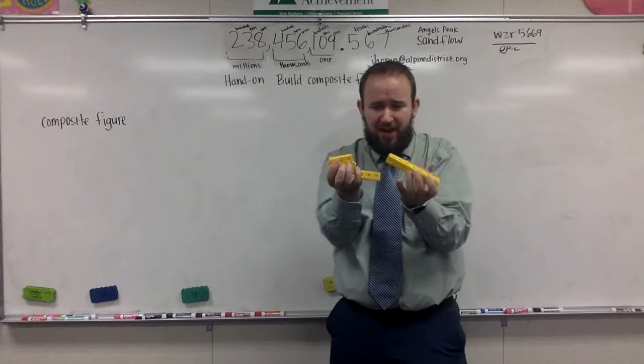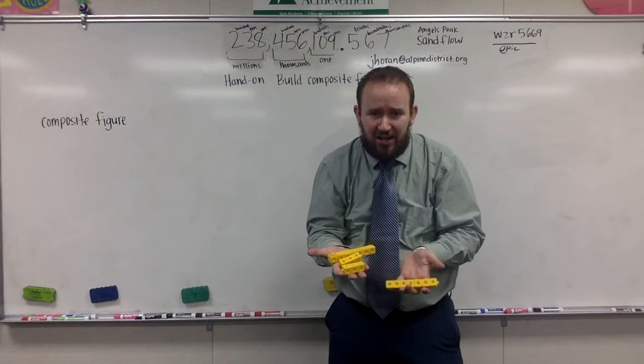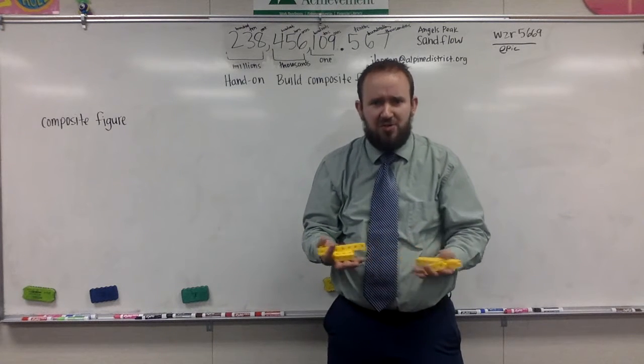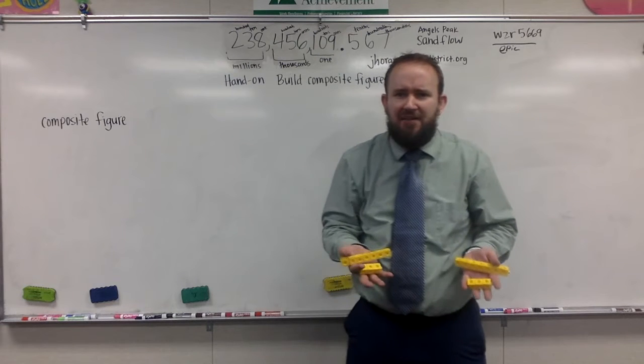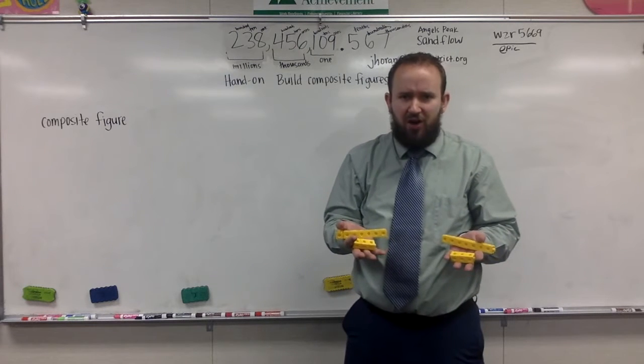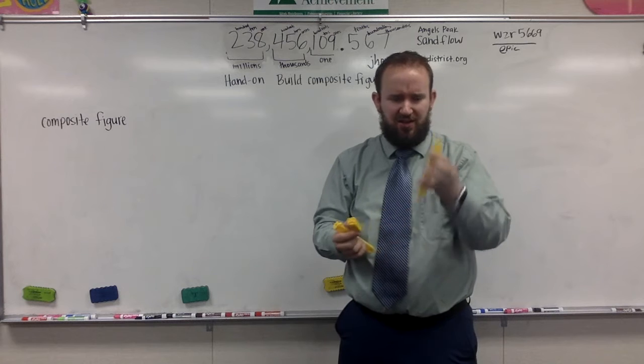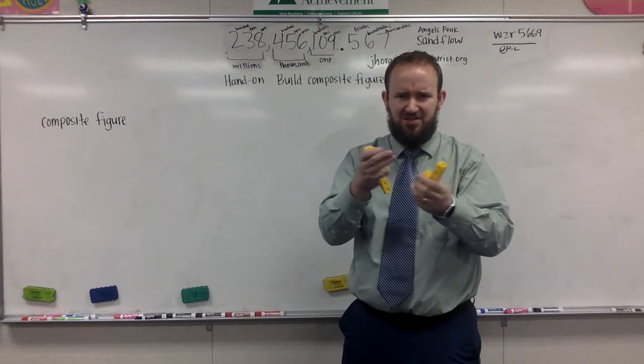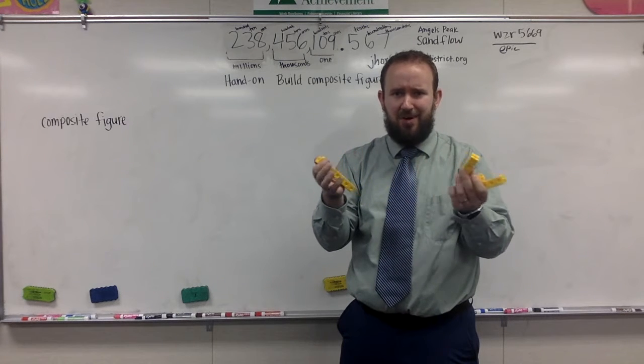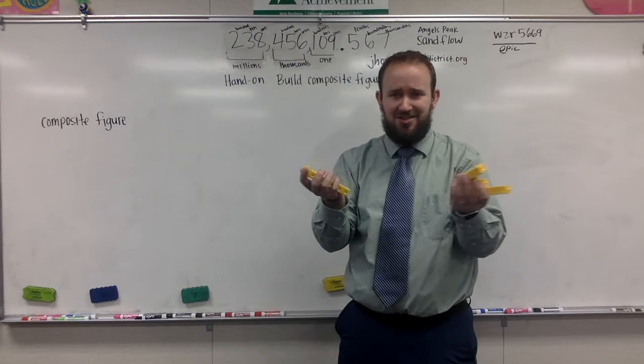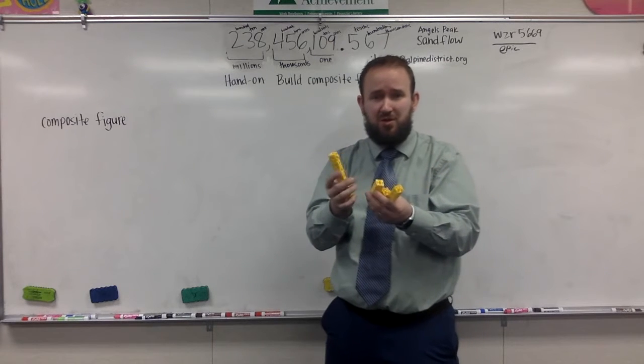So if I have these 4 pieces right here, 2 in each hand, if I want to know the volume, all I have to do is find the volume of each of these individually and add them up together. And then there's no space in between that's thrown off our numbers.